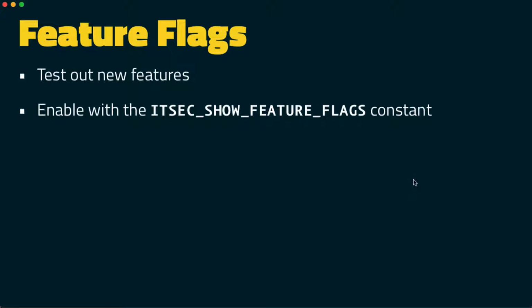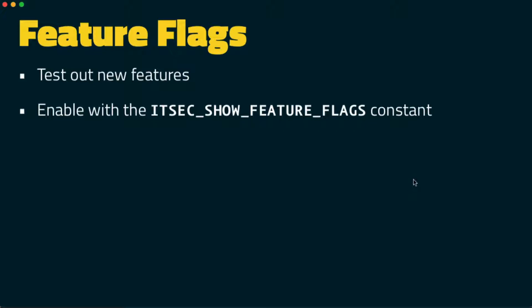The first thing I want to talk about is feature flags. We have a way in iThemes Security to send out new features on a more experimental basis, so users who are interested in testing the latest and greatest before it's 100% production ready can do so. We don't use this often, though we'll probably use it more going forward.